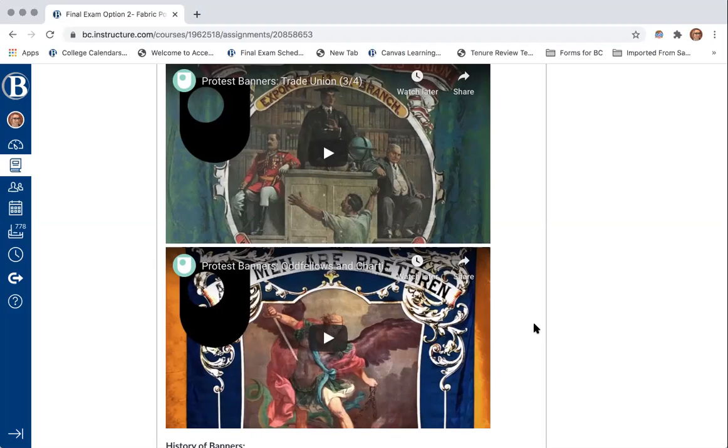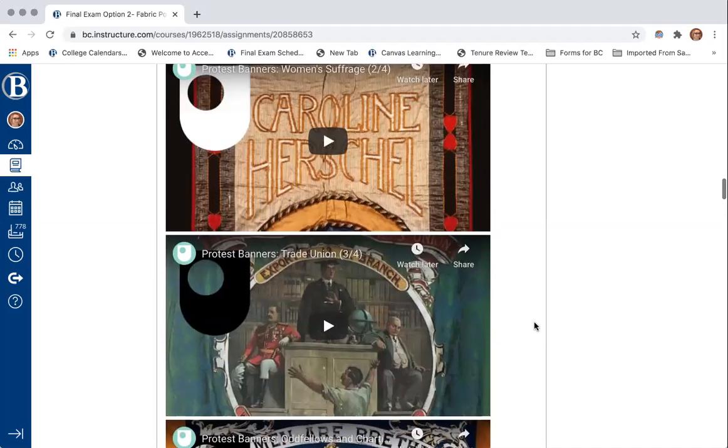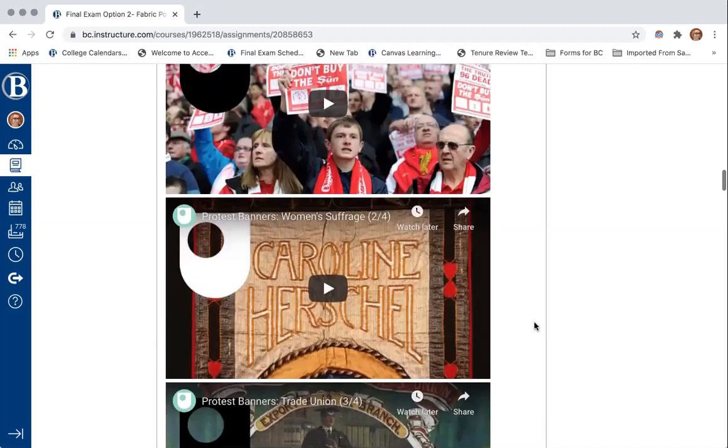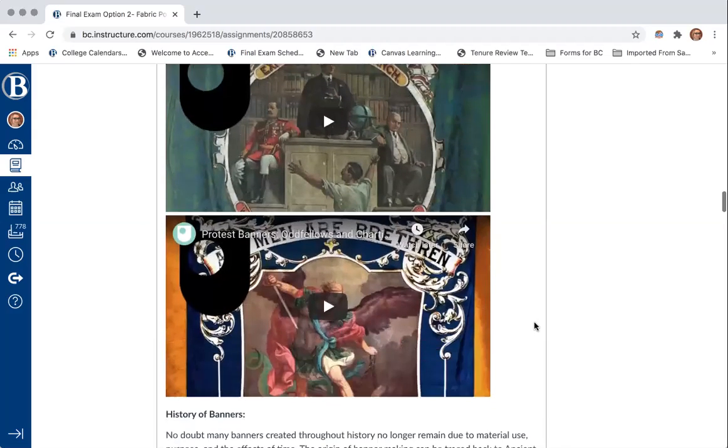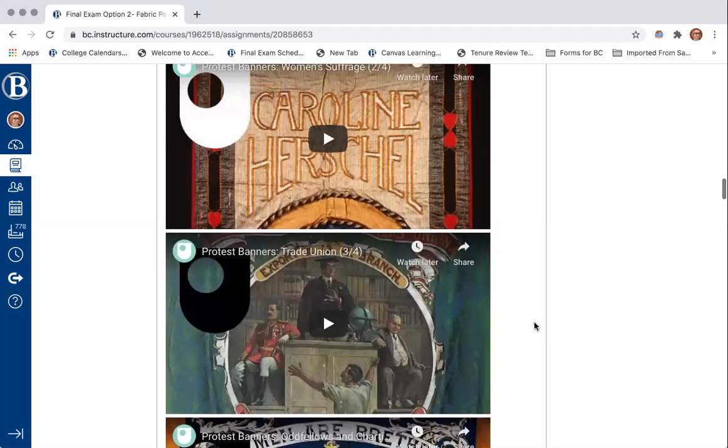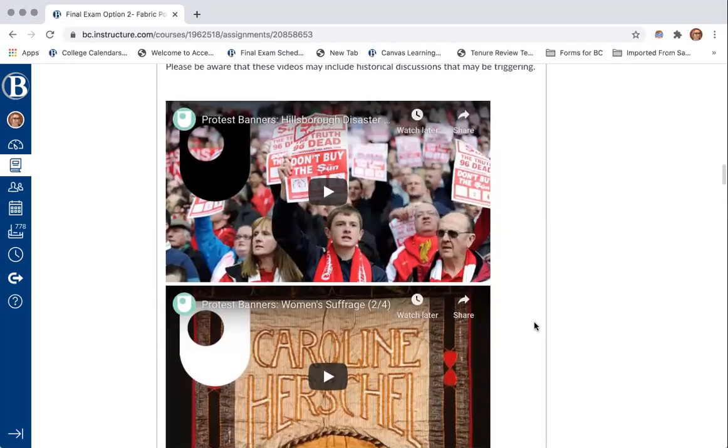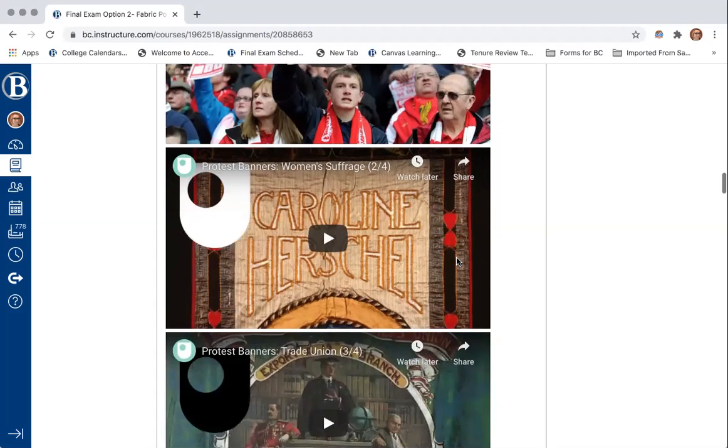Now, I've found this interesting series about banners for you. Again, all of them are coming from British history. The first one is really interesting because it discusses how photocopies can also be banners and how photocopies also require the same attention to design and design elements that a much larger fabric banner might have.